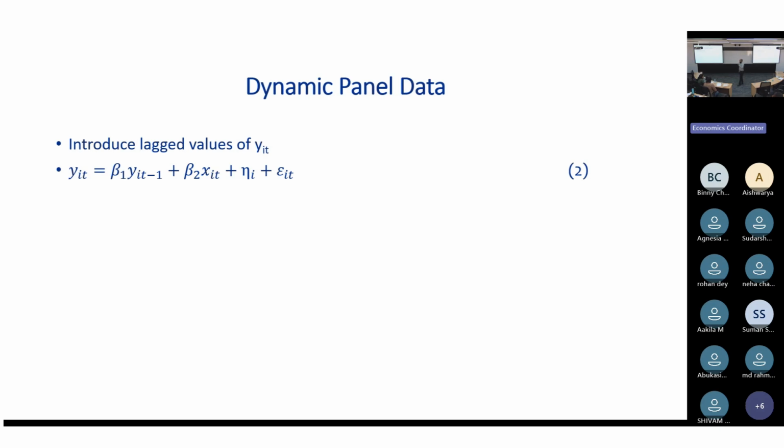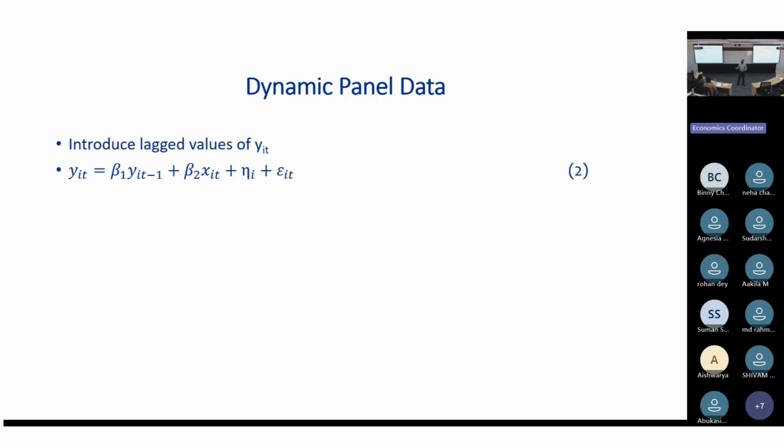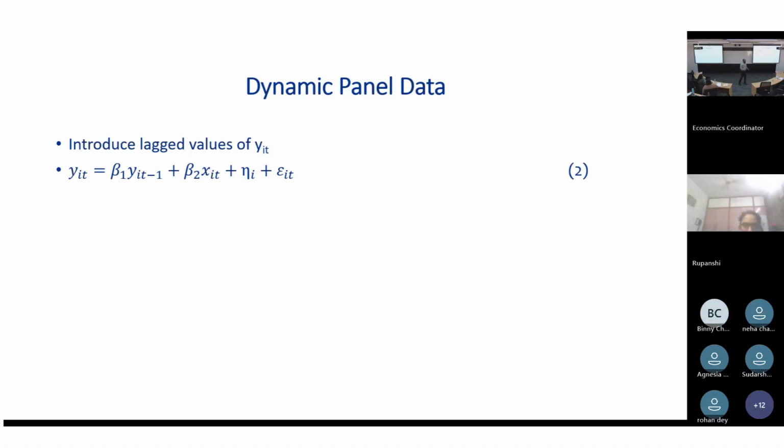Think about another thing. Let's look at smoking habits. What are the factors that affect smoking? To put a model, you can put several X variables, right? Work pressure, habit, fears. You can put a lot of them. Now, let's say somebody decides to quit smoking. What are the factors that would affect the person's ability to quit smoking? Apart from all the other factors, how many cigarettes he or she used to smoke previously also matters, right?